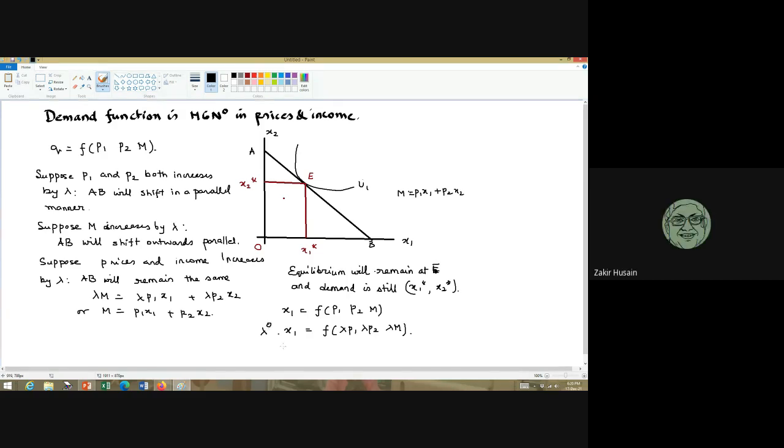Lambda to the power 0. So this implies that the demand function is homogeneous of degree 0 in prices and income. Right?